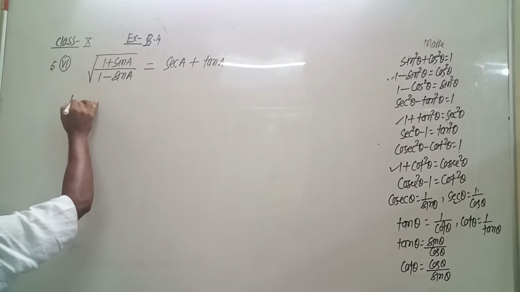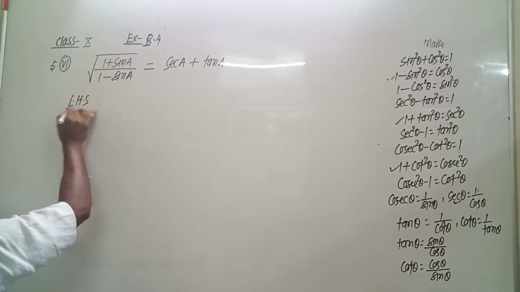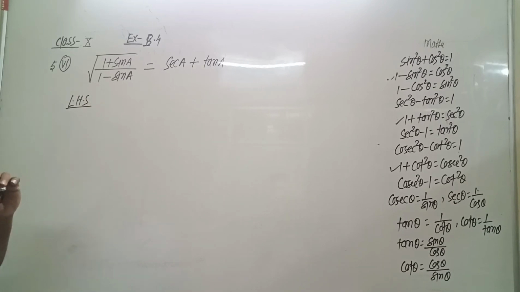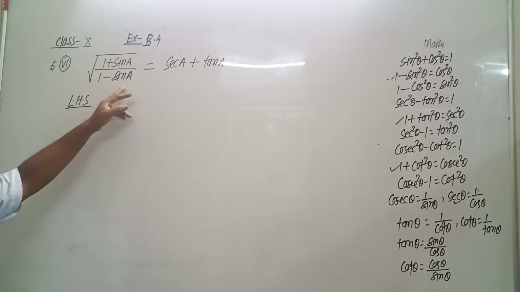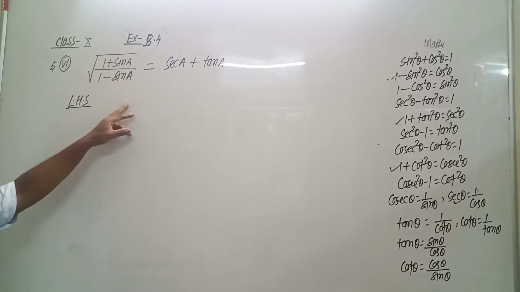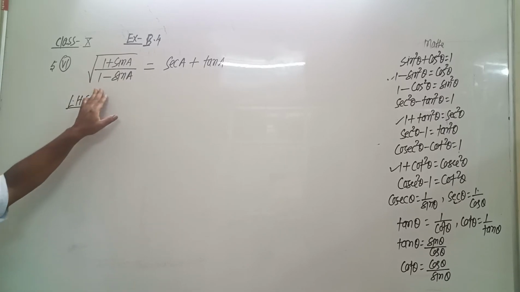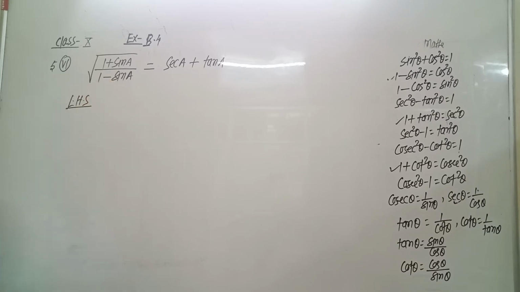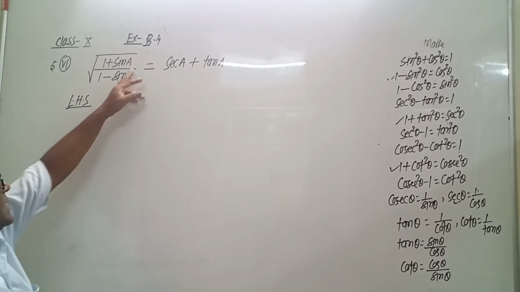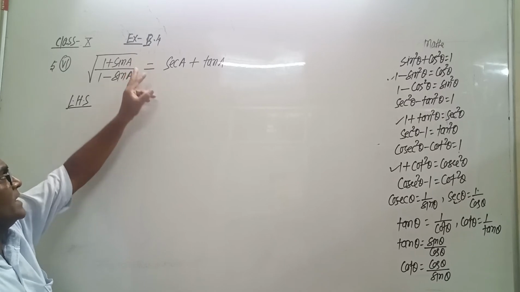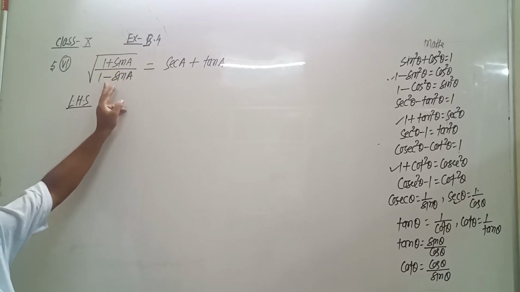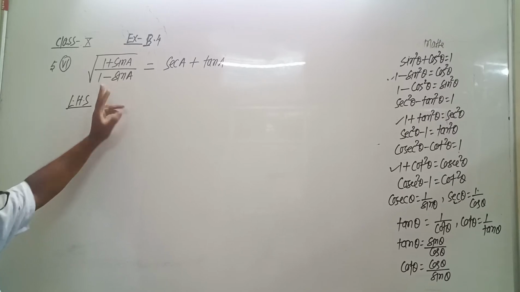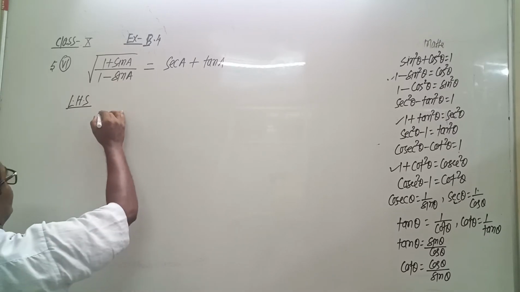In this also we will expand LHS, and if there is a term A plus B and A minus B, then we rationalize by interchanging the sign of the denominator. Means we multiply the numerator and denominator by interchanging the middle sign of the denominator.